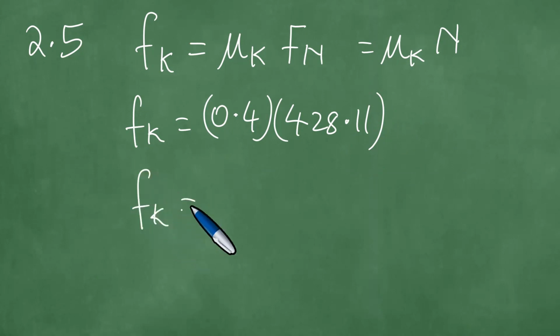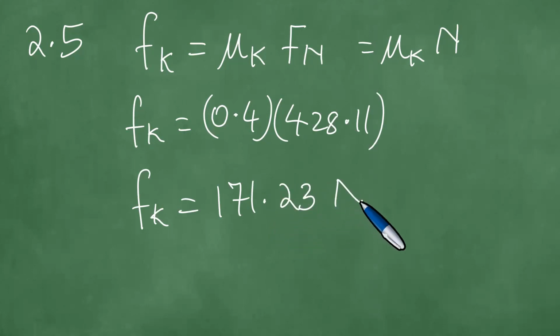F sub K is 171.23 newtons. But we need to check this one. Let's use a calculator to verify this. So you have 0.4 times 428.11, which is 171.244 approximately.